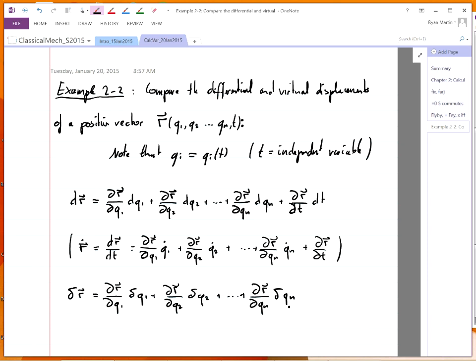Remember, the virtual displacement is a change in the thing without the corresponding passage of time, or the truly independent variable doesn't change. So delta t would be 0, because t is the independent variable. Okay? Any questions about that?